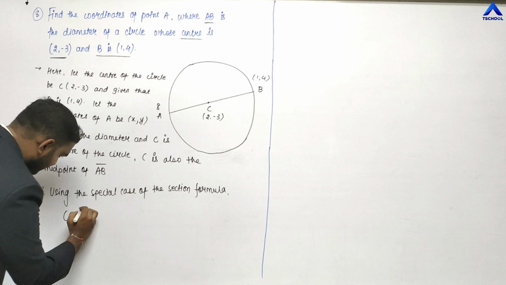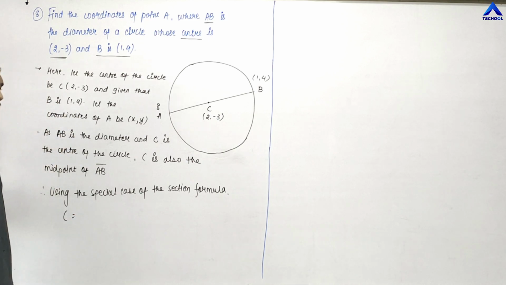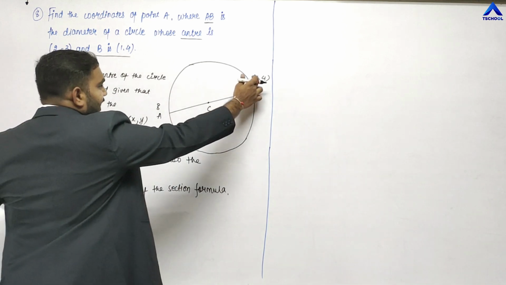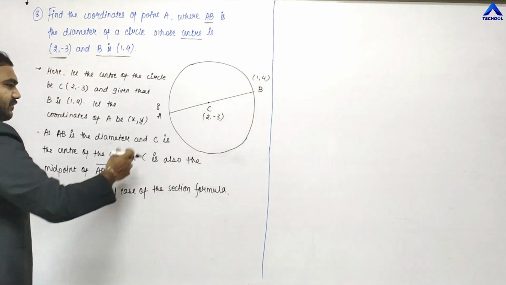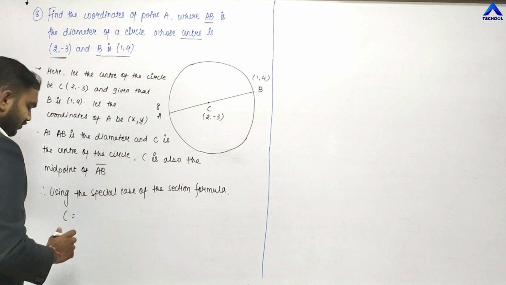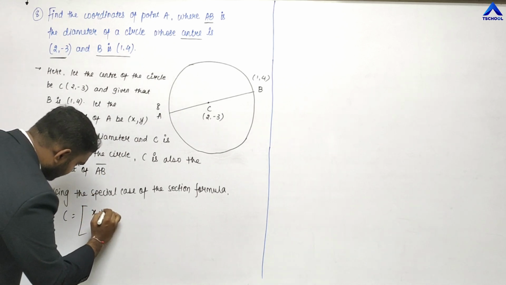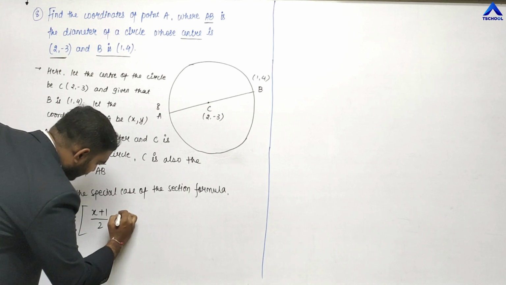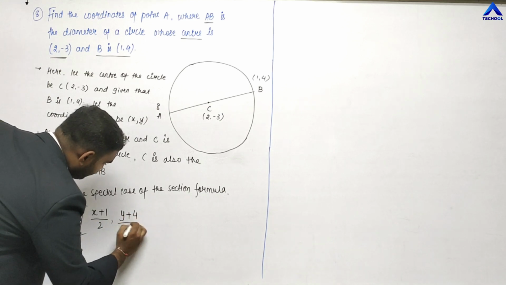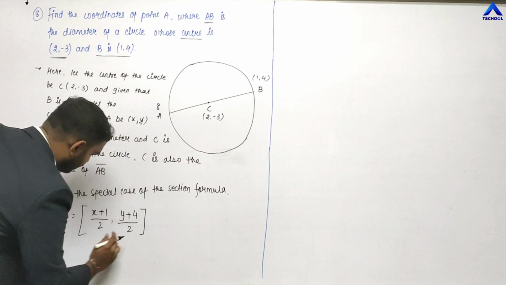C is equal to x1 plus x2 by 2. So we shall take x1, y1 as 1, 4 and x2, y2 as x, y. Therefore that will be x plus 1 by 2, y plus 4 by 2.